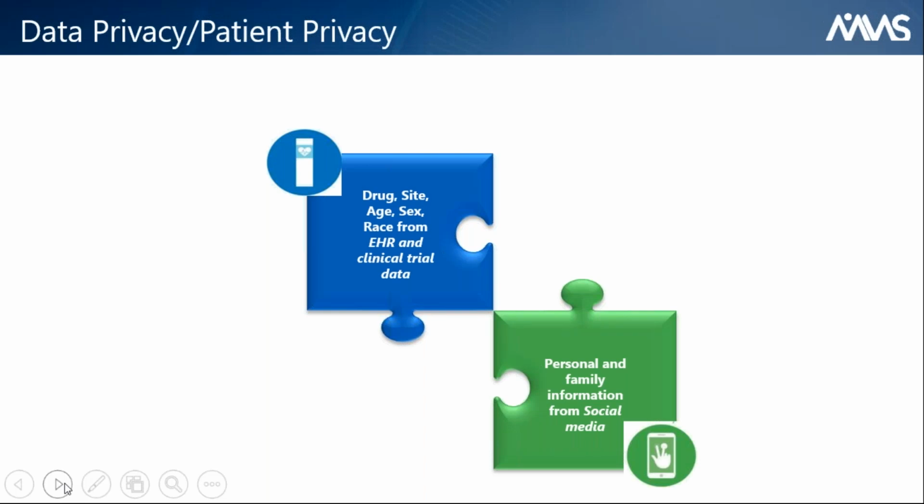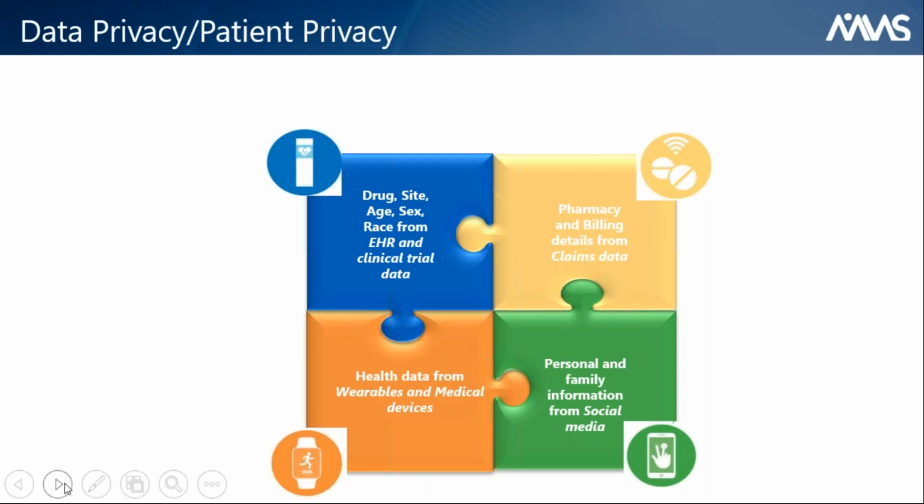It is very easy to get personal information, like on Facebook, you can look up your friends and family of a person. And third is pharmacy and billing information from the claims data. You can get credit card numbers, addresses, and other information from this. And the last one is the health information from wearables and medical devices.